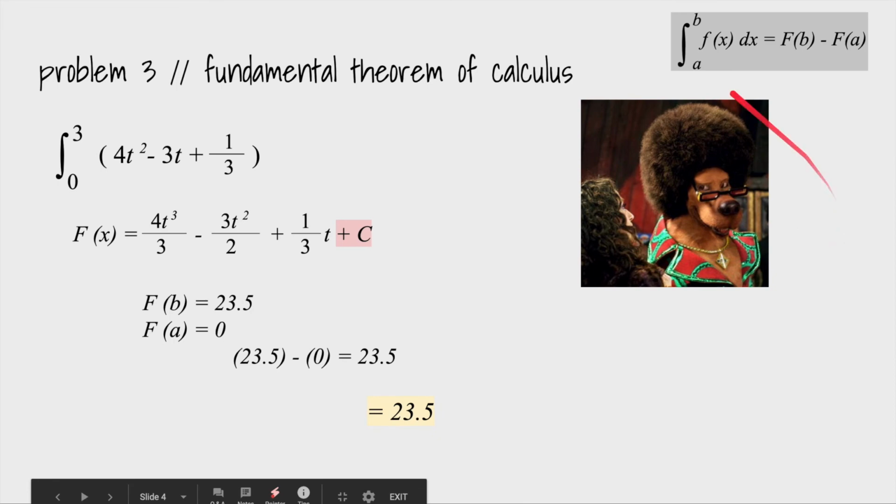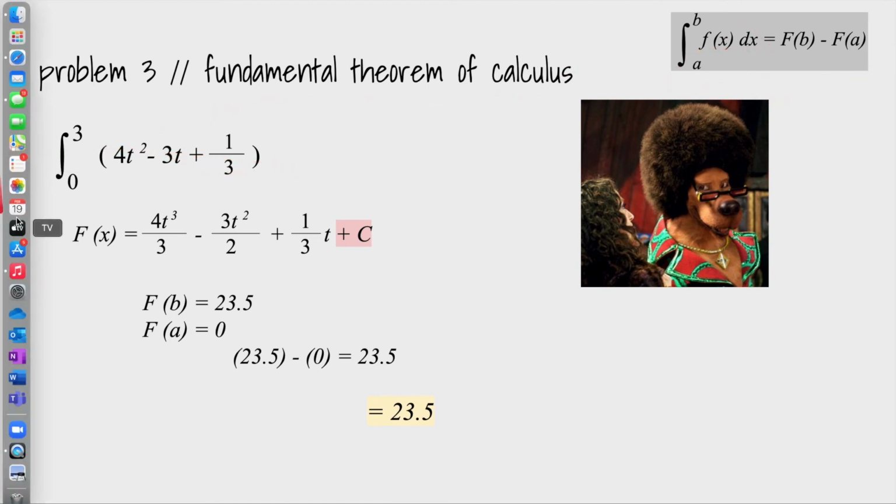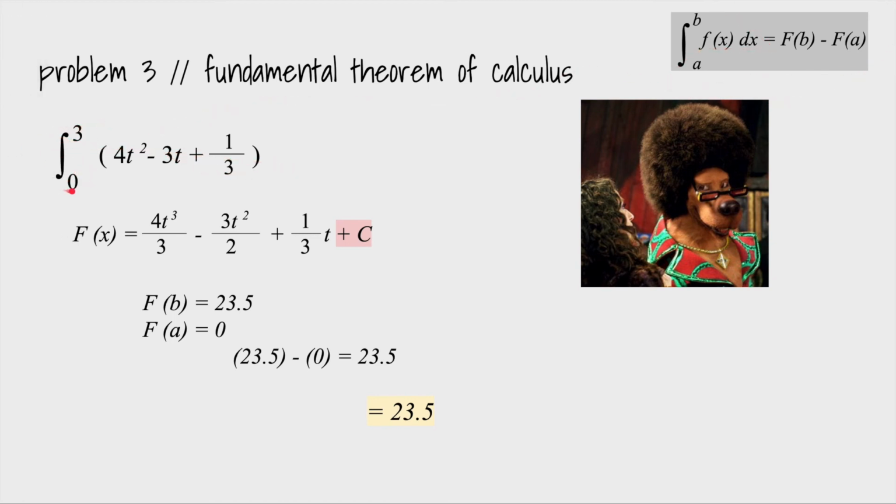And then the last one was problem number 3, and I also did the fundamental theorem of calculus, which is right here. It's the integral from 0 to 3 of 4t squared minus 3t plus 1 over 3, in parentheses.